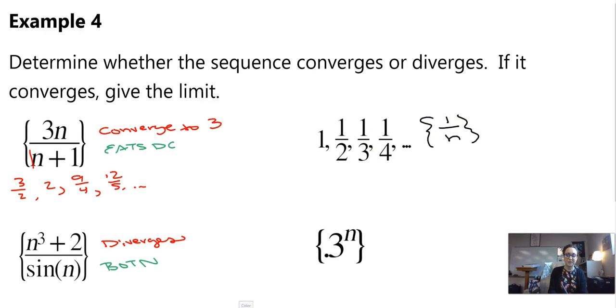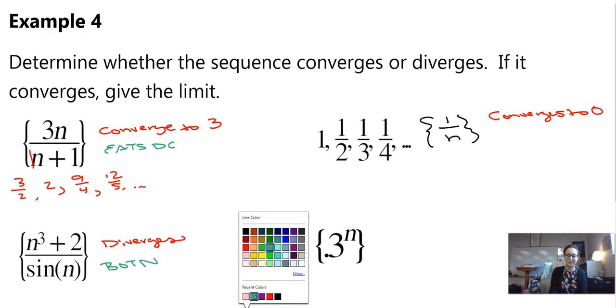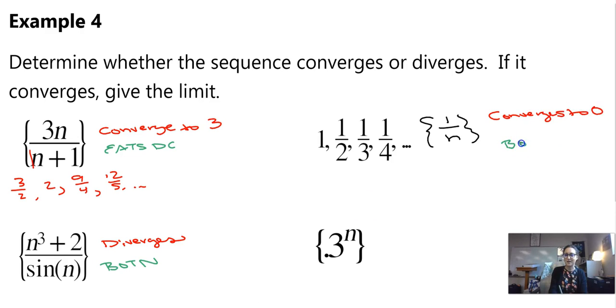So taking a look at this, bigger on top, bottom, or same? Bigger on bottom because n is degree 1 and 1 is degree 0. So this converges to, what do you think? Converges to 0 because you have bigger on bottom. So bigger on bottom, 0.